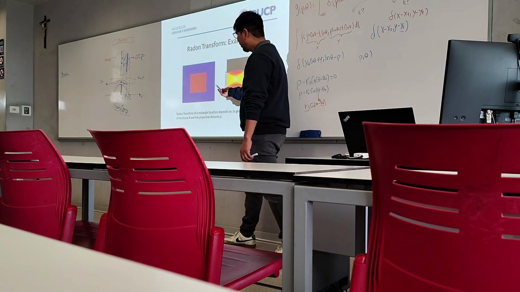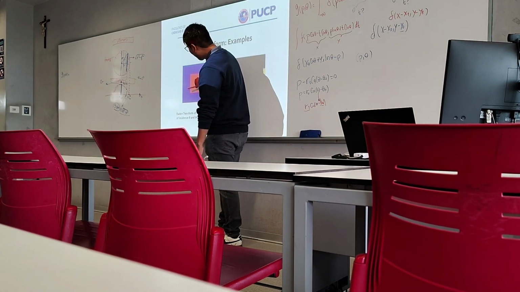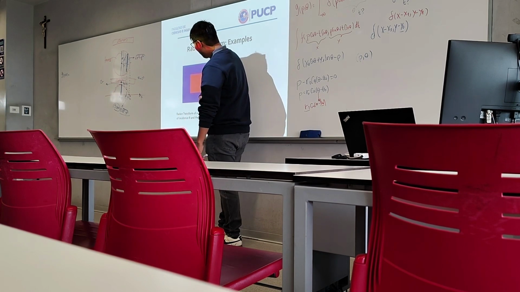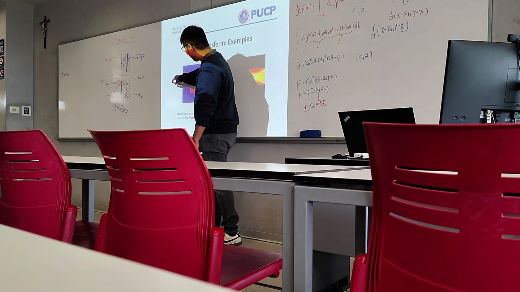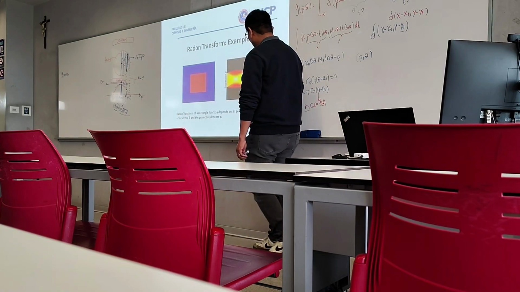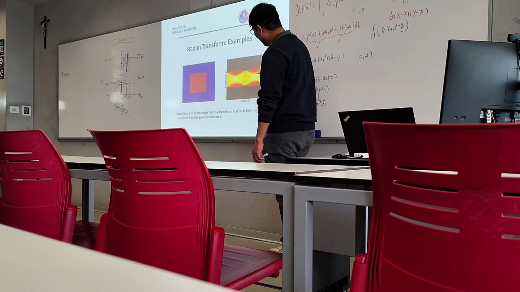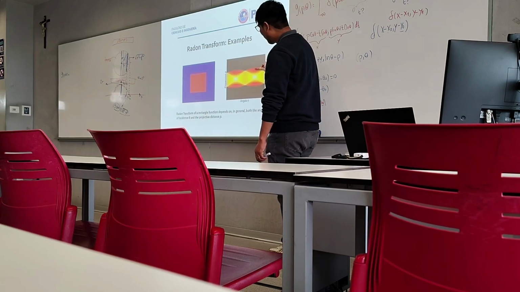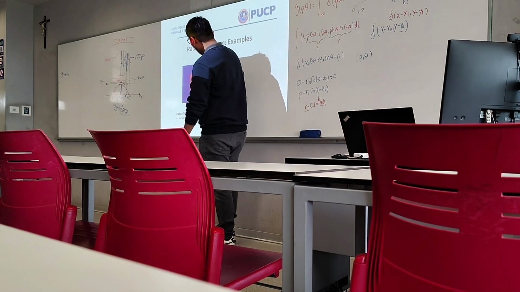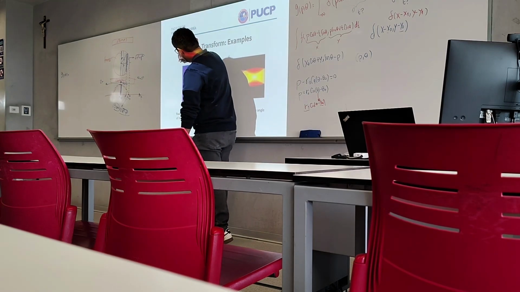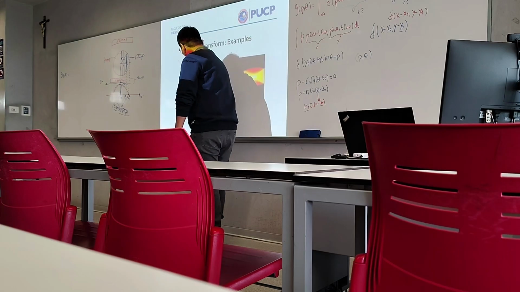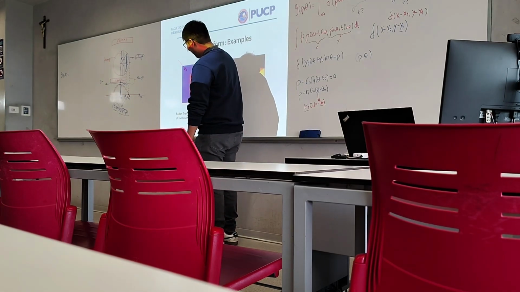And can you notice why? For example, at 0 degrees, the projection in this direction should be similar to the projection at 90 degrees, which is true, right? It's 0 degrees, it looks very similar to 90 degrees. But at 45 degrees, when the projection more or less looks like this, in this direction, the projection will not be constant, right?